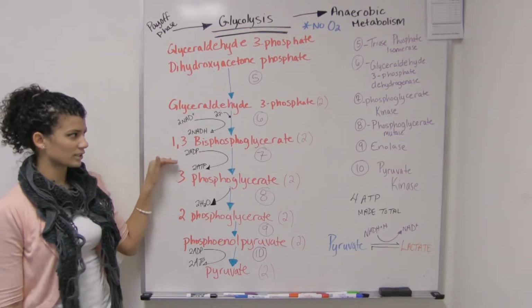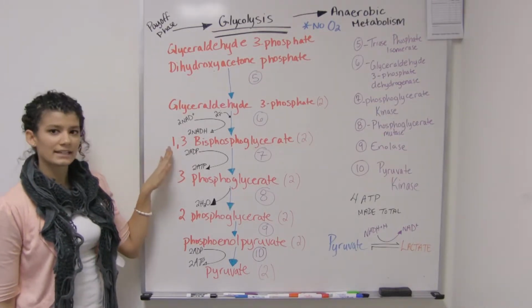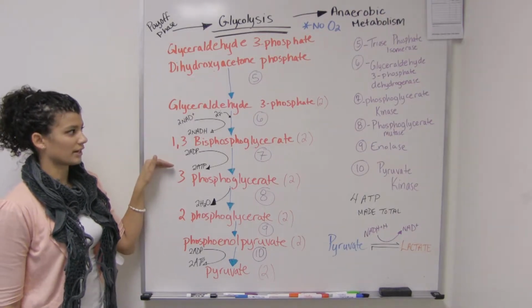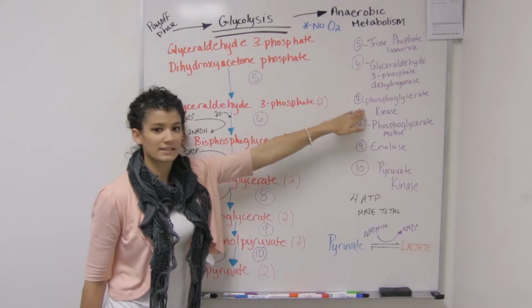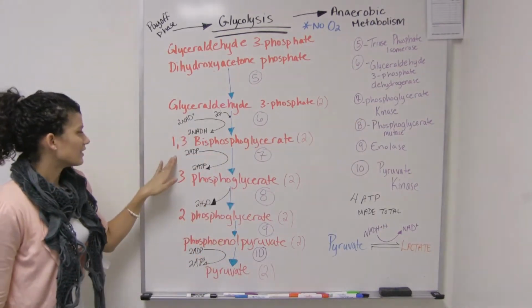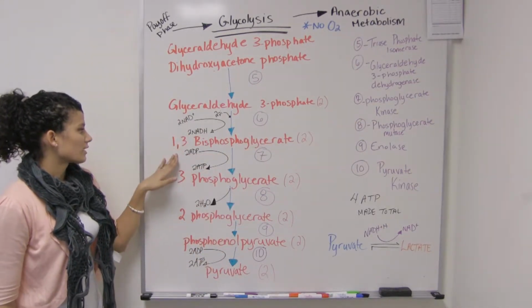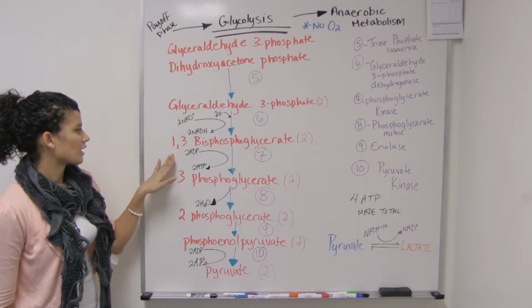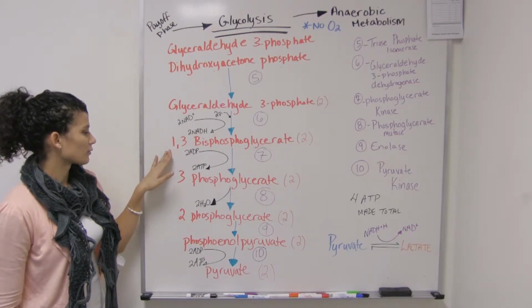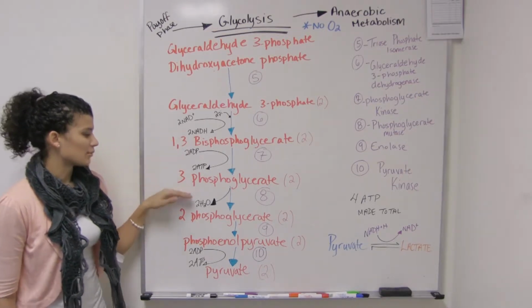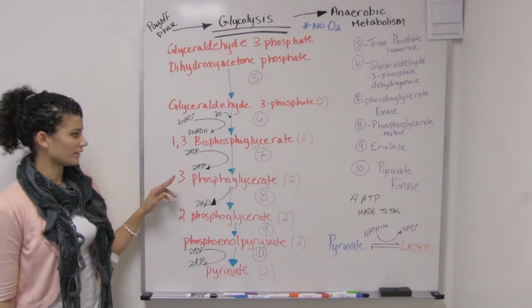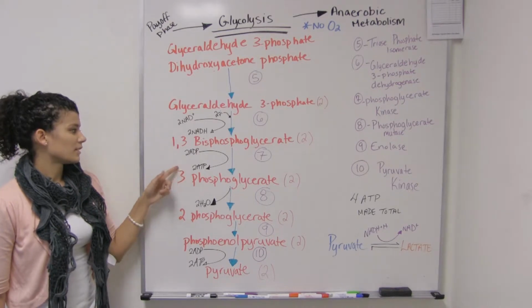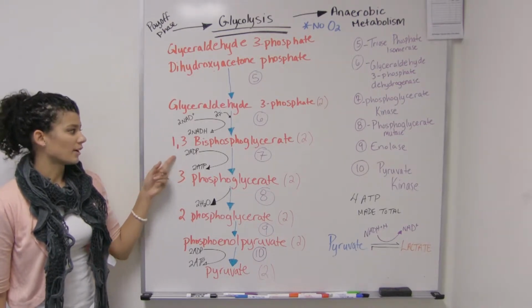Because phosphorylation is involved, we know that a kinase enzyme will be used to facilitate this reaction, and for step 7, phosphoglycerate kinase is the enzyme involved. So 1 phosphate is going to be stripped from each of these 1,3-bisphosphoglycerate molecules, and we'll end up with 2 molecules of 3-phosphoglycerate, and 2 ATP molecules will be made using the phosphates that were stripped from the previous substrate.